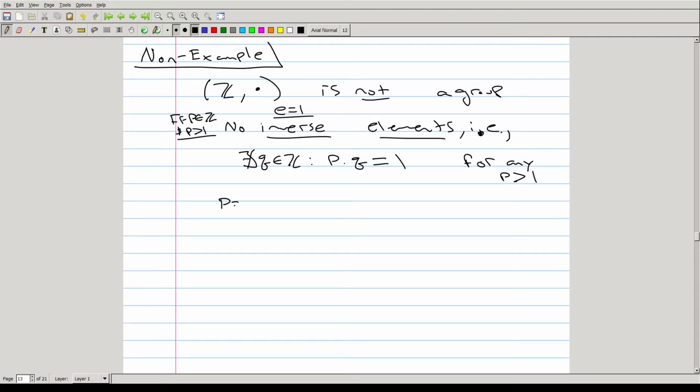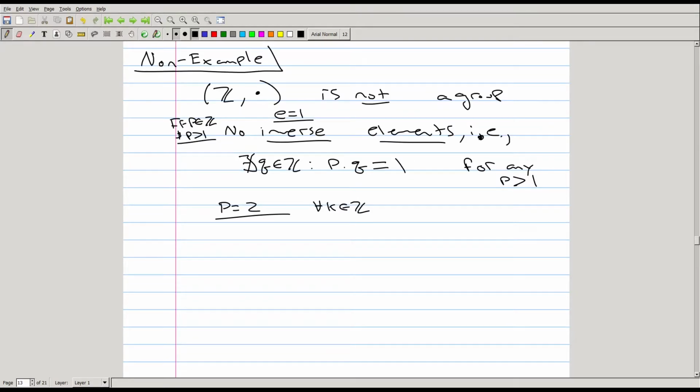Say, for example, p is equal to 2. For any k in Z, if k is 0, we get that 2 times 0 is equal to 0. If k is 1, 2 times 1 is equal to 2. If k is negative 1, then 2 times negative 1 is equal to negative 2.